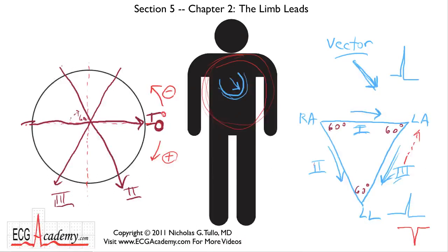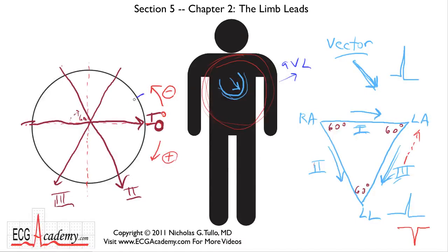Now what about the augmented limb leads? Well, the augmented leads kind of split these 60-degree angles in half because AVL, which is sort of the left arm compared with the sum of the right arm and left leg, is kind of pointing towards the arm itself.